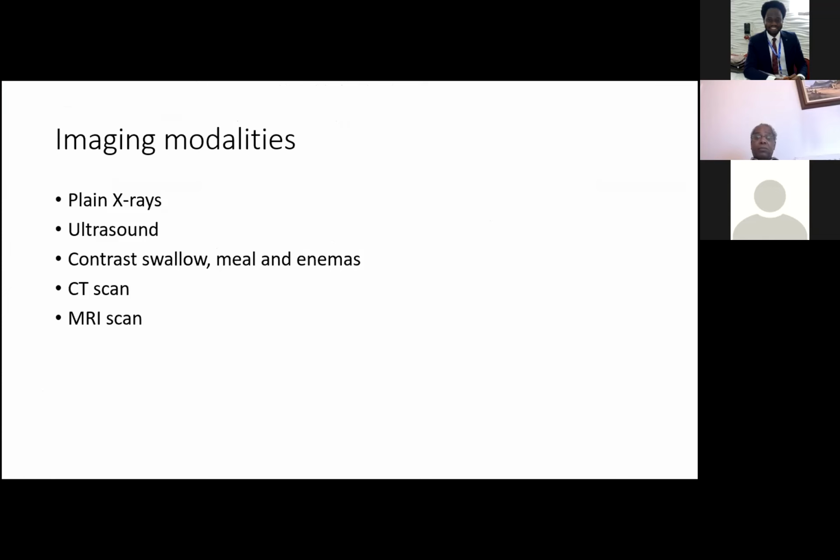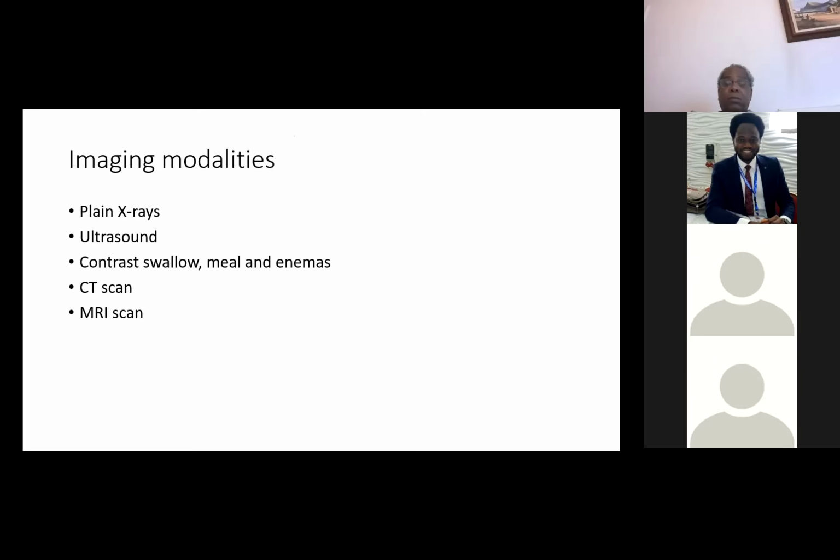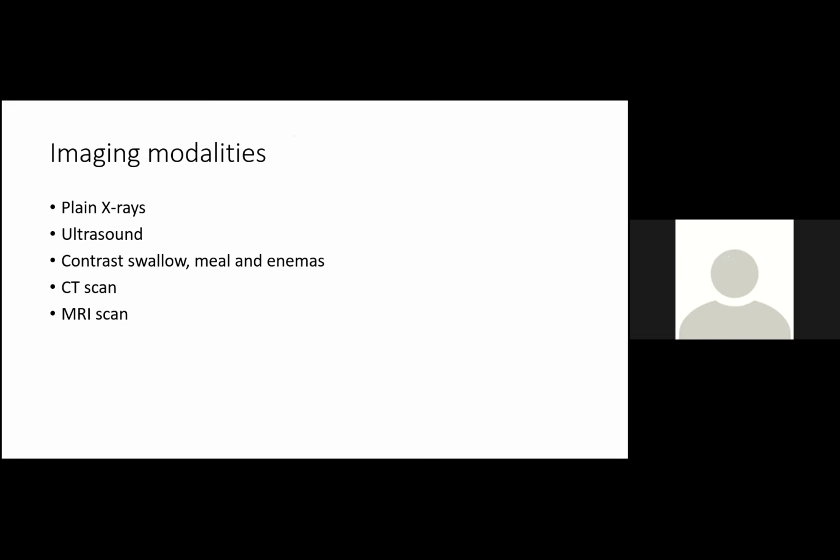So the imaging modalities that we tend to utilize in patients with acute abdomen, and I think these tend to be available in most hospitals, and I presume also obviously in Nigeria as well, are plain films, ultrasound, contrast swallows, meals, enemas, CT scans and MRI scans.